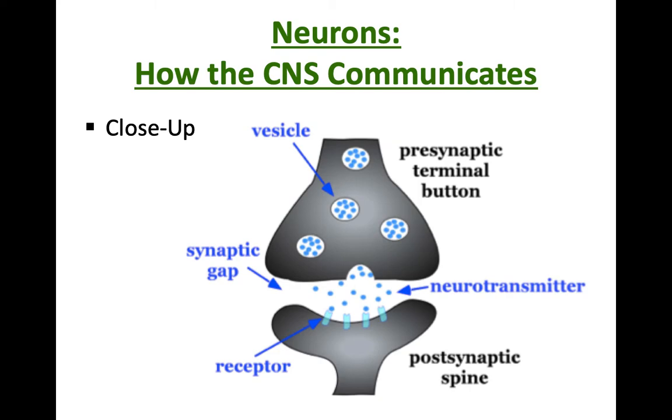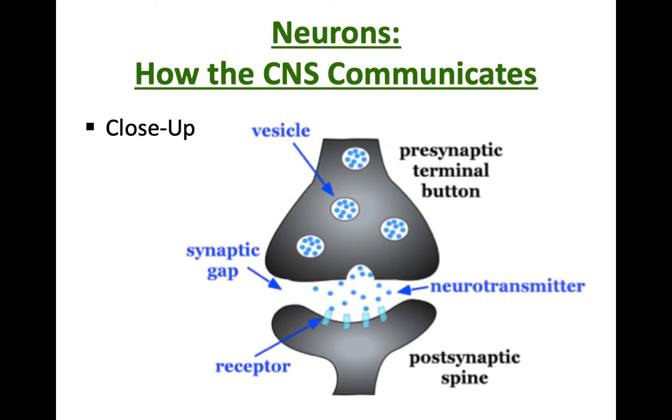Now, there are several different types of neurotransmitters, and they're involved in different types of brain functions and bodily processes. So, for example, serotonin is a neurotransmitter that affects sleep, feeling hungry, as well as your mood. Dopamine is another neurotransmitter that's associated with attention, learning, and also the feeling of pleasure or reward.